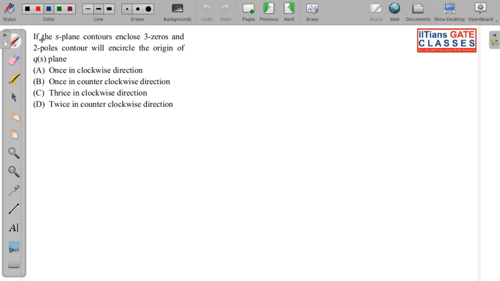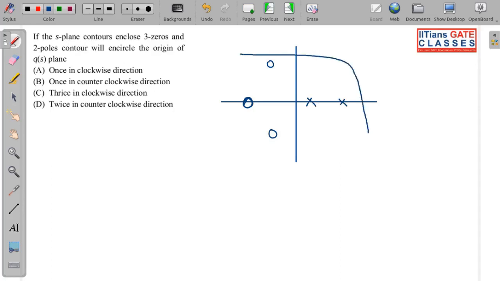You can see in the question, if the S-plane contour encloses 3 zeros and 2 poles, we have 3 zeros, which we can take anywhere like this, and 2 poles, let us have 2 poles like this. So it is enclosed by a contour.